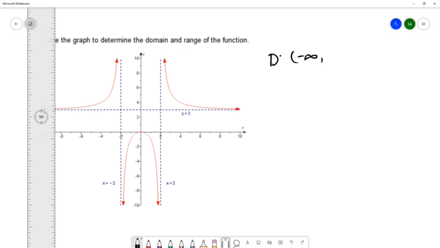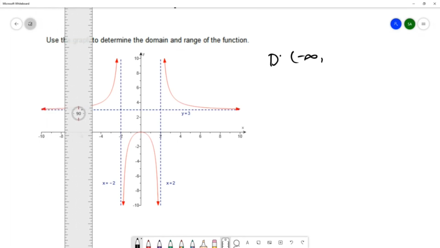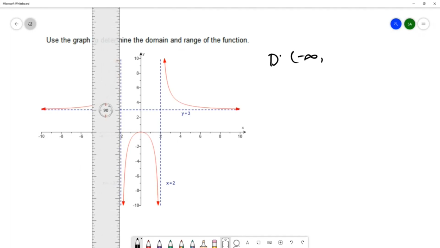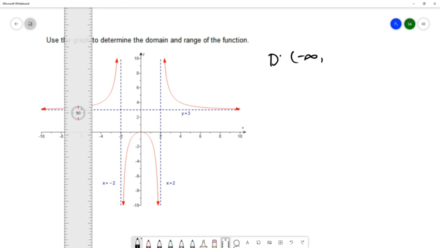As I keep moving to the right, I'm hitting the graph. I continue to hit the graph. And then we reach this dashed line here. Hopefully you remember what I mentioned, that my graph will continue to get closer and closer to that vertical line without ever reaching it. Because it never reaches it, I have a gap in my domain.